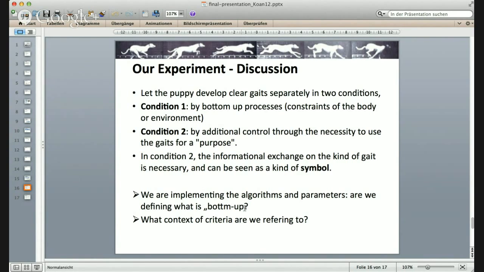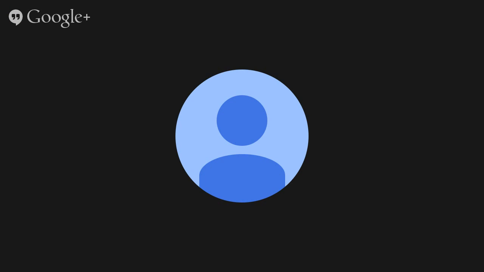But of course, the definitions, what is bottom up, what is top down, that was mentioned before, and also what is the context that is defining the criteria that we are referring to. Those two questions, I think, are still quite open. So, well, it should always be shown. I come back to the slide now, and okay, that was the presentation, I think.